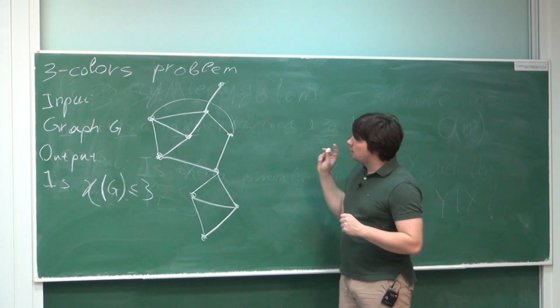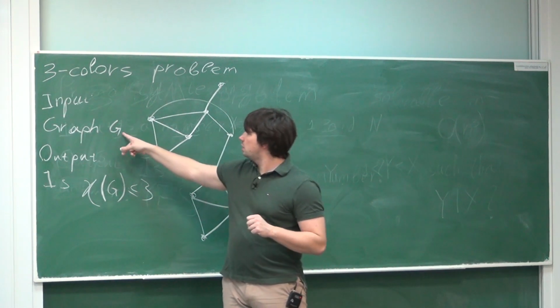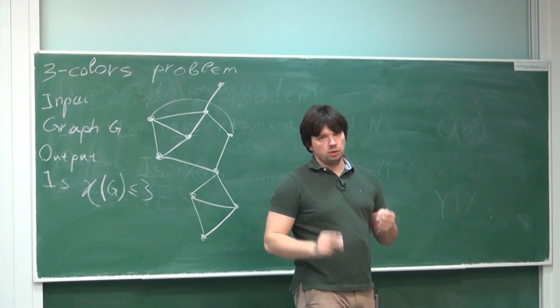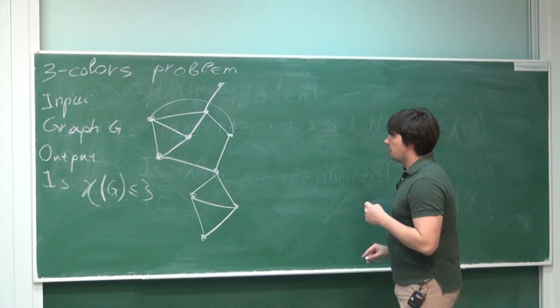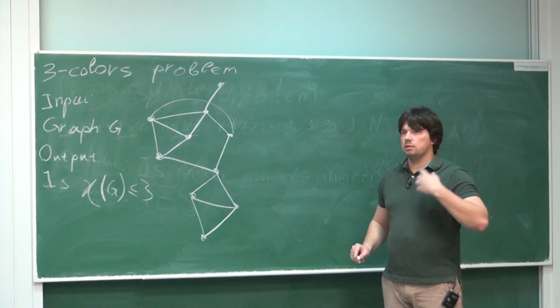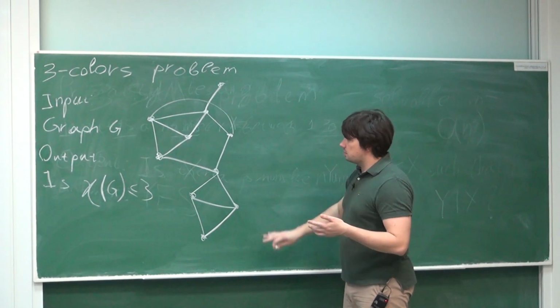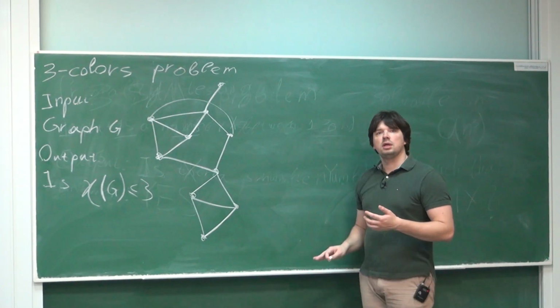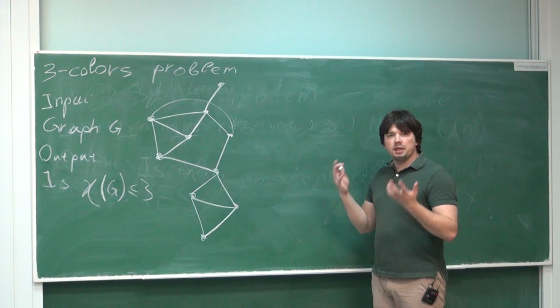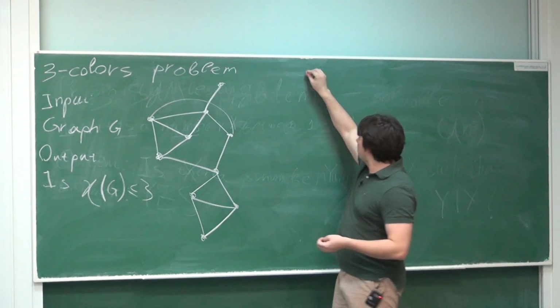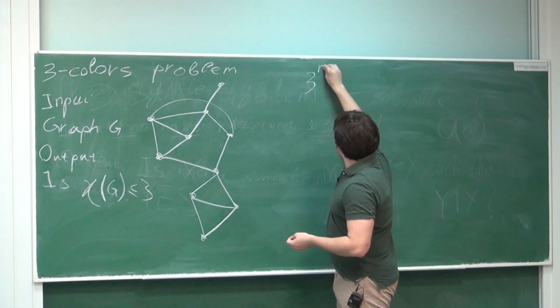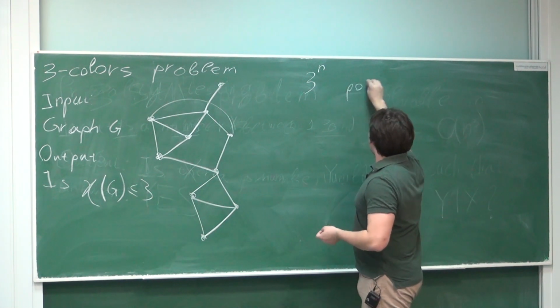So, if your graph has n nodes, and there are 3 possible colors you can color each node in, it's not hard to see that the whole graph can potentially have up to 3 to the n possible colorings.